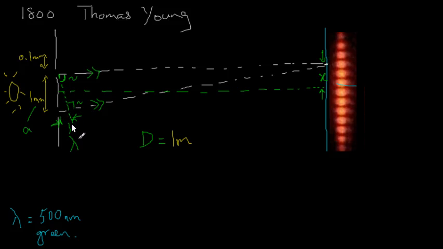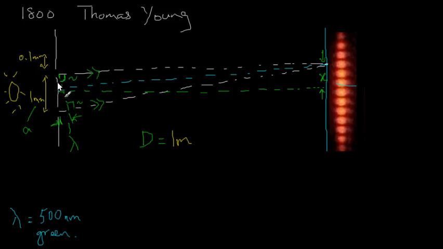Now the next thing that I want to do is to draw another triangle. I'm going to draw a triangle with this as one side, with this as one side, and the other side would be here, from in between the gaps to the fringe. So I'd like to look at this triangle, and this triangle.